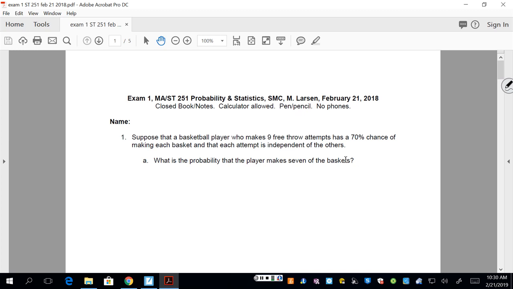It says something about independence, so this is going to look like binomial. The number of free throws is binomial in this case. There are 9 tries, probability of 0.7 on each one.